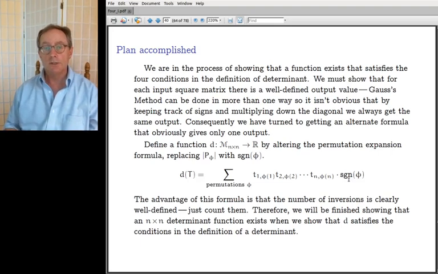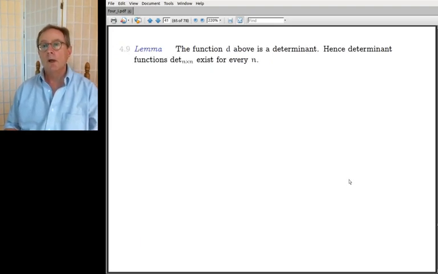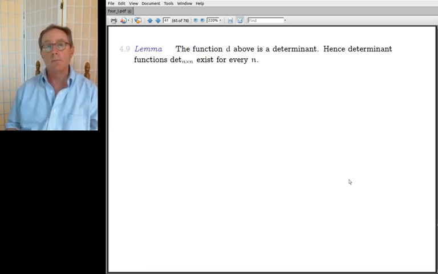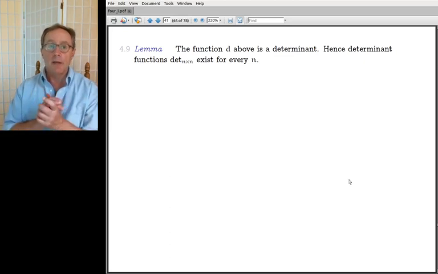sort of success here. So the lemma says that the function D is a determinant, and therefore determinant functions exist. So we show that determinant functions exist by producing a formula for the determinant. Again, said many times, but say it one more time. In practice, to calculate a determinant, if you have a homework problem that gives you a 4x4 matrix, we won't calculate it this way.